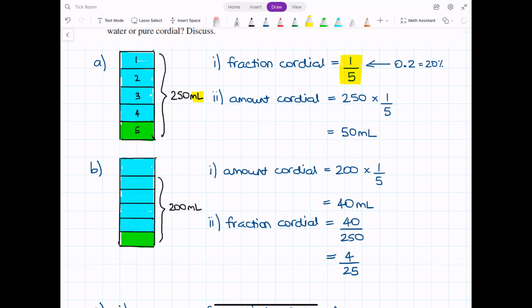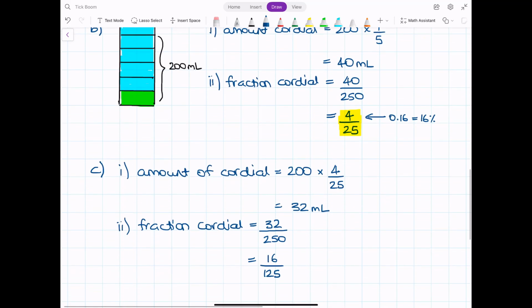Then in part B, after following this process of drinking and then replacing with pure water, we got a fraction of 4 over 25, which is 4 divided by 25, giving 0.16, and multiplying by 100 converts that to 16%. So smaller. We went from 20% cordial to 16%.